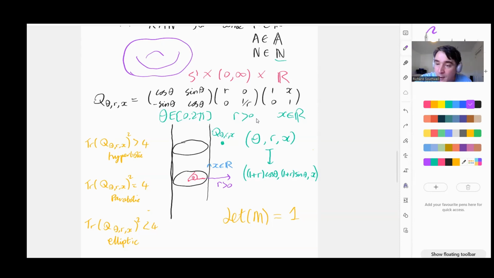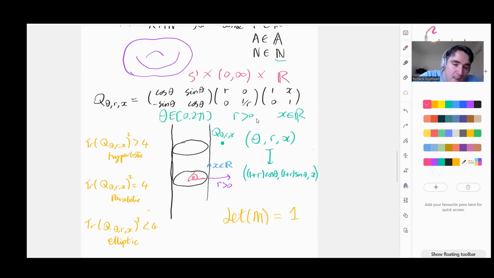And then we know from before that if we look at the trace and the determinants of these matrices, that really tells us all of the qualitative information about the behavior that's going on. And in fact, we know that the determinant's always 1 for these matrices. And so this is where we should put this Q theta R X. And then what we could do is draw these different sorts of regions.